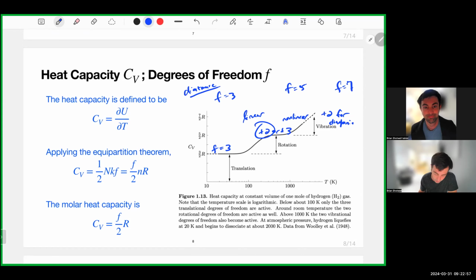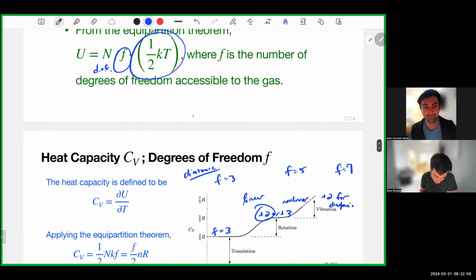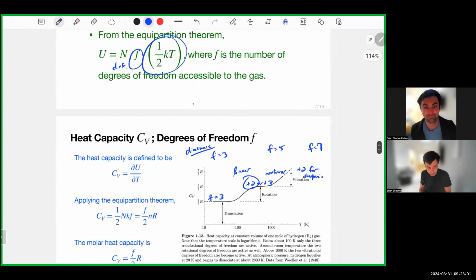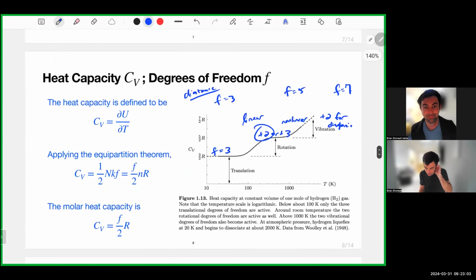So this is related to how much energy is being stored for a given temperature. But it's also related to heat capacity. Heat capacity helps us relate how much energy in the form of heat you add, and how much the temperature of the system will go up.